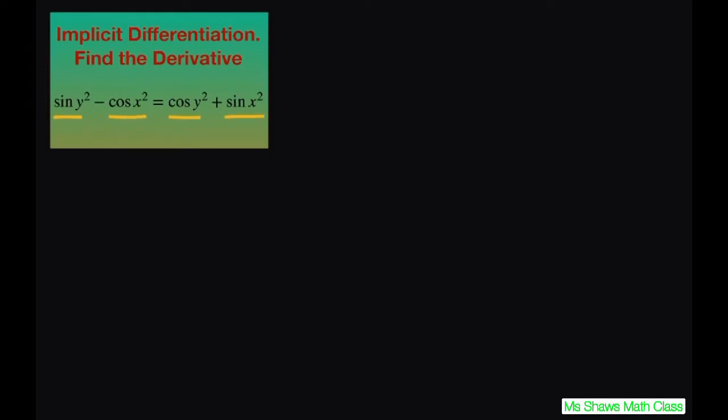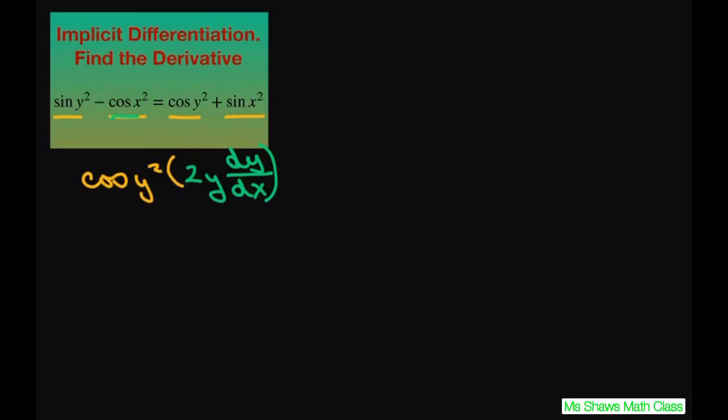So for the derivative of sine y squared is going to be cosine y squared times this inner function. So you have to take the derivative of y squared, which is 2y. And this was derivative of y with respect to x. All right, minus, you have cosine x.